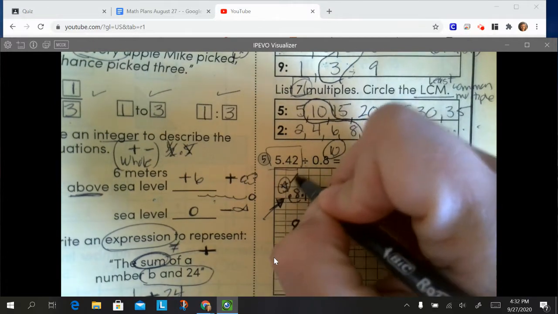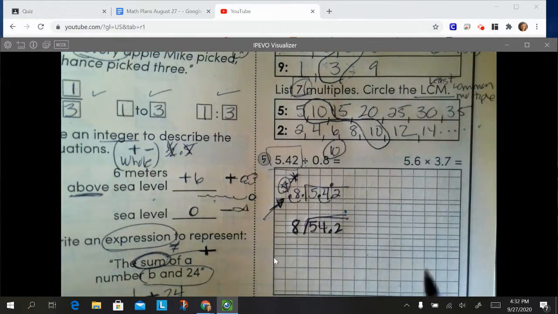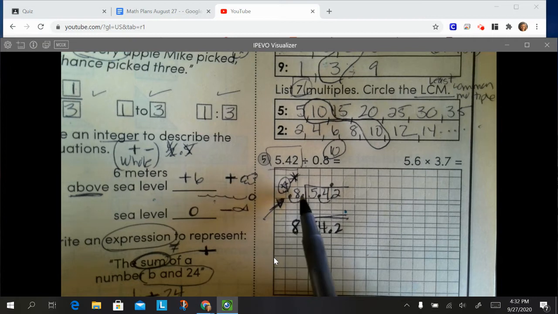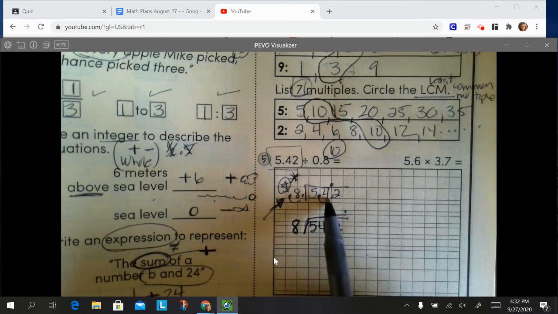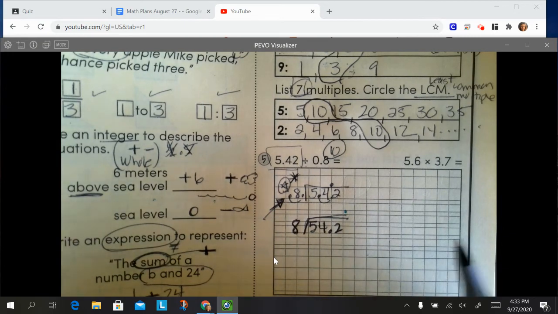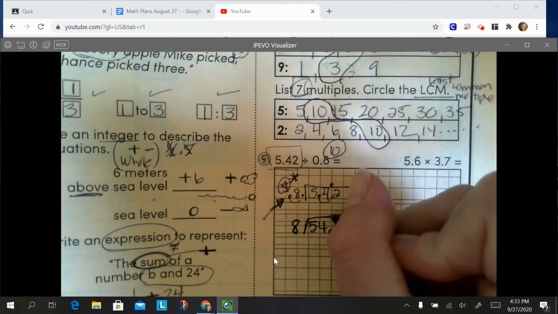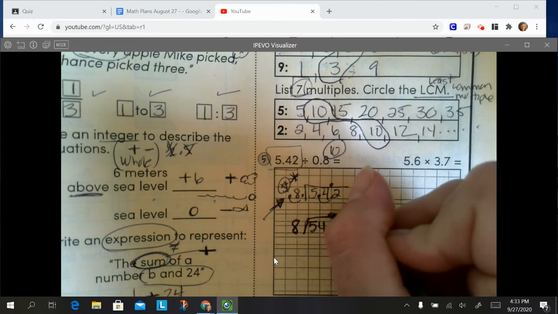But you can change it by moving this over 1 decimal place to make this a whole number, but whatever you do on the outside, you have to do on the inside. So instead of this being 5.42, this decimal moves over 1, and it's 54.2, okay? And I just went ahead and rewrote it to make things a little easier. All right, and then you just solve this just like you would a typical division problem.